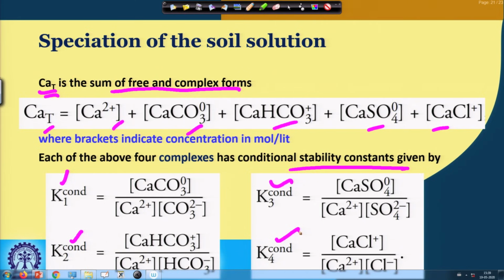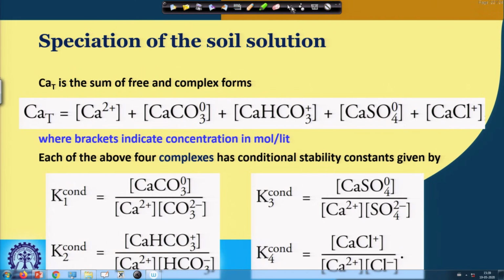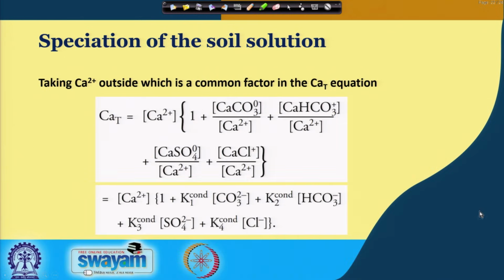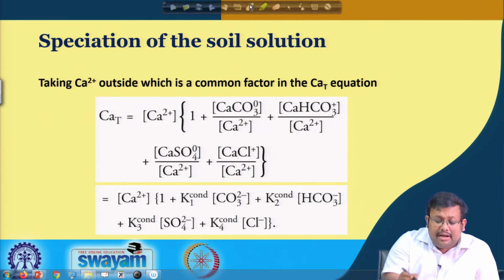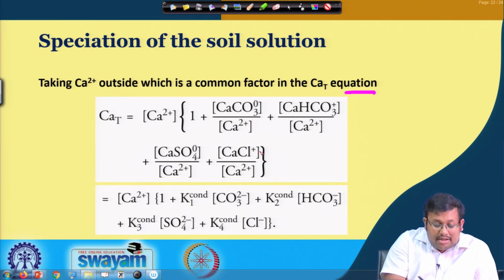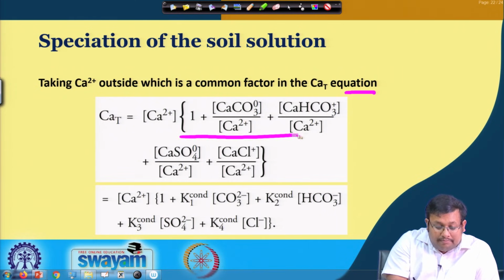We already know this from our discussion of soil organic matter. Now, if we take the calcium outside as a common factor in this CaT equation, we get this form.